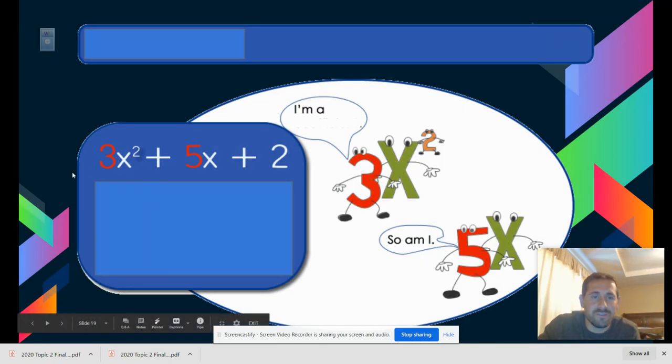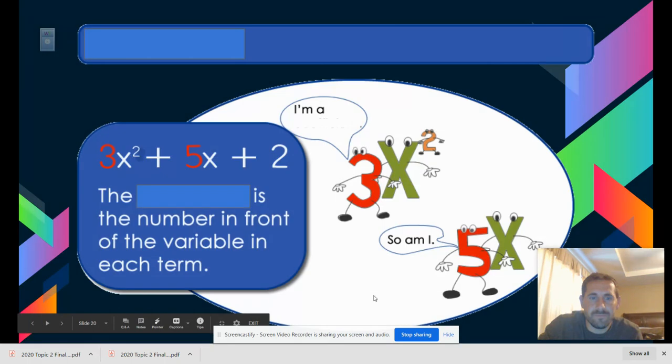So how many terms do you see here? So you have 3x squared plus 5x plus 2. You have a term here, you have a term here, and you have another term here. Okay, so there were 3 terms.